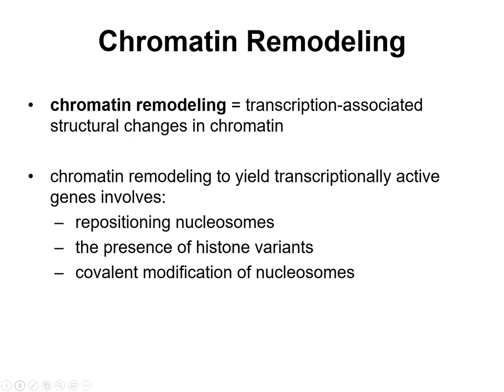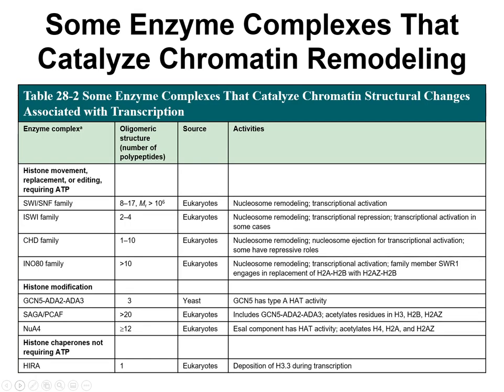You might replace some of the standard histones with a histone variant that maybe doesn't bind DNA quite as tightly. And there can also be covalent modification of the nucleosomes. Remember, those tails are hanging out, waiting for modification of the histones. This table tells you all the different enzyme complexes that can catalyze chromatin remodeling. And we're going to talk about the major ones here. So this is a good summary table.